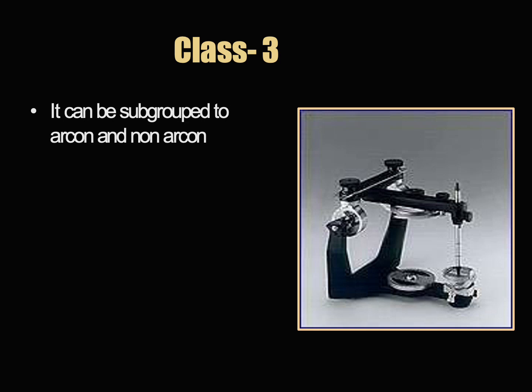Arcon articulators are those which exactly simulate the human mandible, wherein the condyle is in the lower jaw and condylar guides or glenoid fossa is in the upper jaw or maxilla. Non-Arcon articulators are the reverse or opposite of the human mandible, wherein the condylar element is in the upper member and the condylar guide is in the lower member.